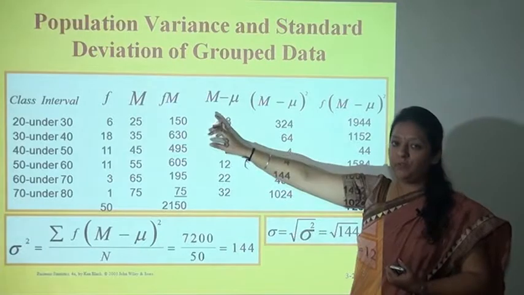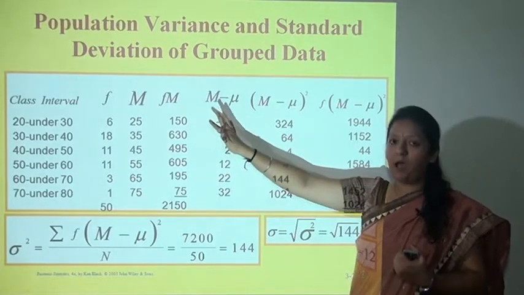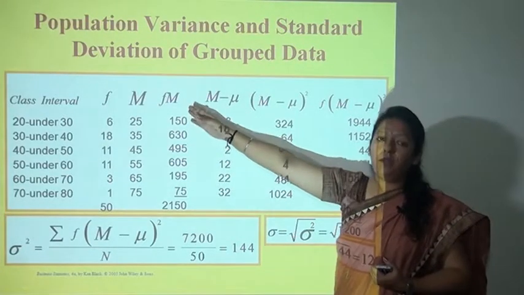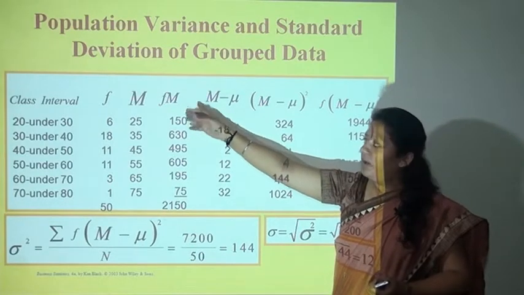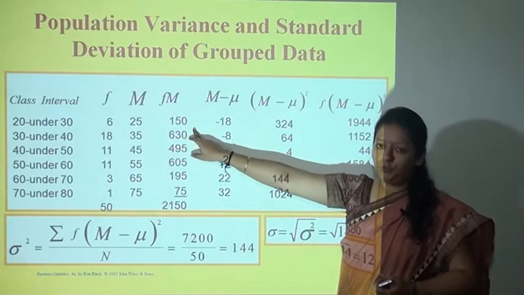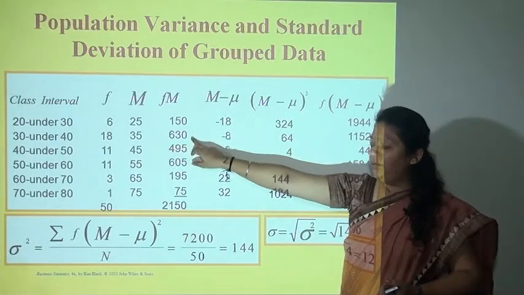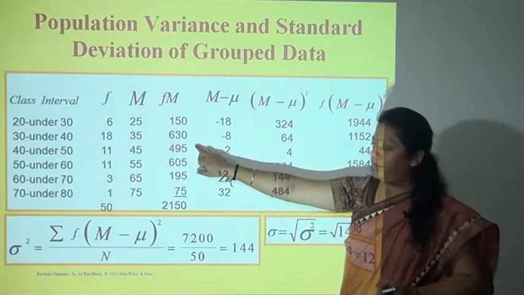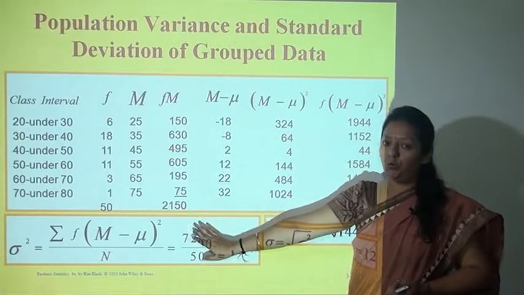The formula for it is sigma fm divided by sigma f. So we first identify sigma fm by multiplying f into m, which gives 150, 18 into 35 is 630, 11 into 45 is 495, and so on.